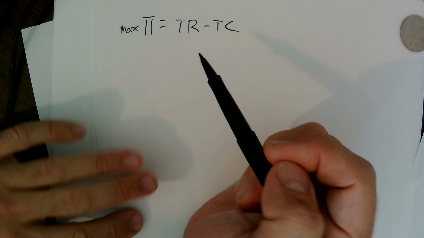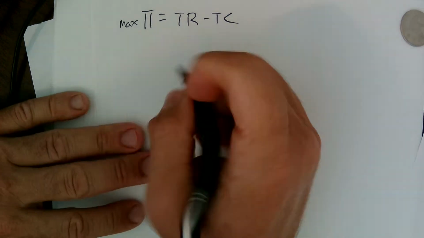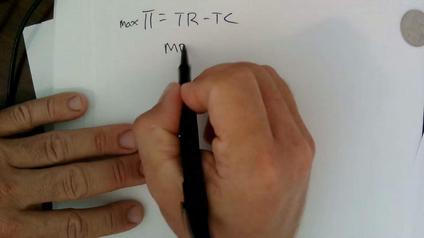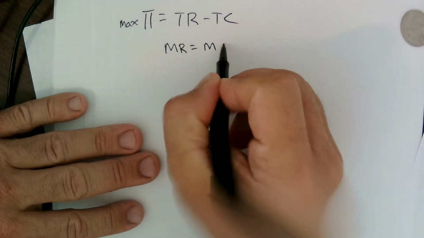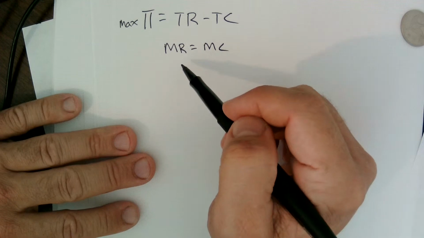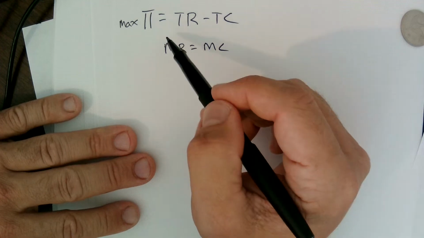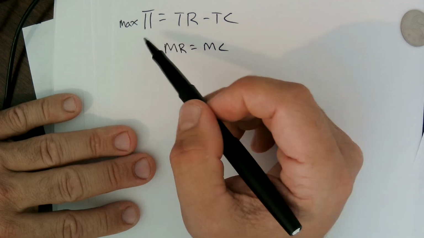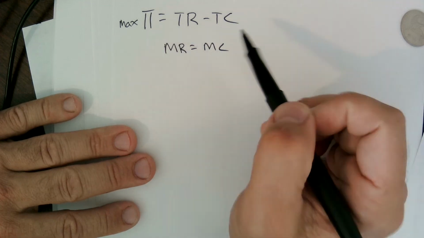Actually, the optimal condition where profit is maximized is where marginal revenue is equal to marginal cost. You can come to this conclusion by doing some simple optimization, if you know calculus, by taking the derivative of profit and setting it to zero.